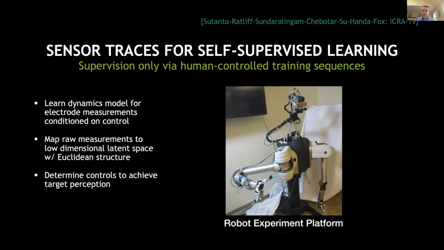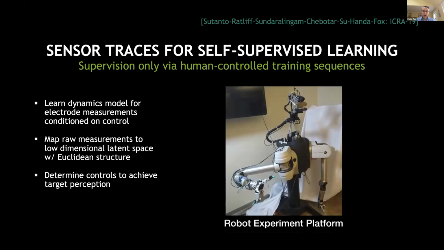So the idea here is that we have a robot platform, as you can see here on the right, and we have the fingertip just interacting with objects. The only supervision is the relative motion of the finger in 3D space. And then we collect these 19-dimensional electrode measurements, and based on that information, we want to learn a model for these electrodes.